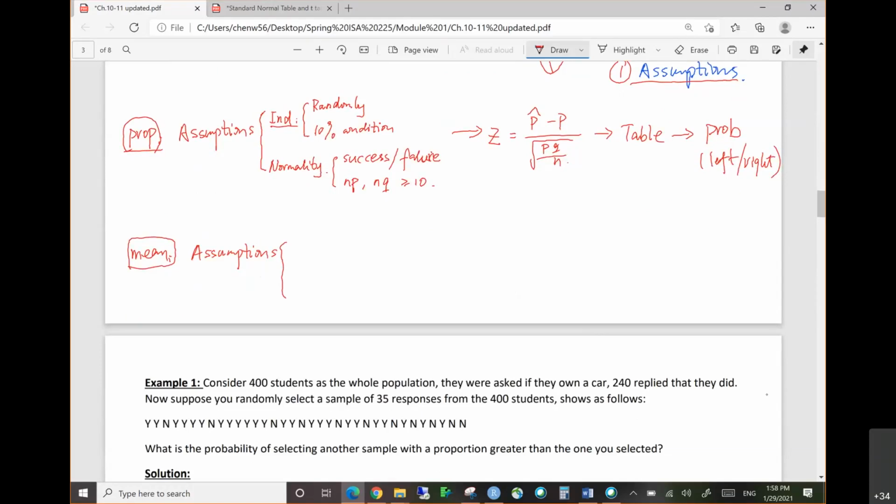Sean, can you tell me what these assumptions are? Make sure that it's randomly selected. Randomly selected. So this belongs to the independence assumption, right? In the independence assumption, you need to check that it is randomly selected. Perfect. What else?